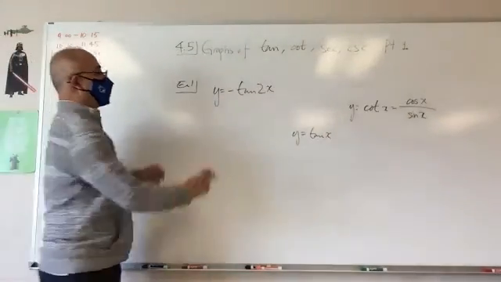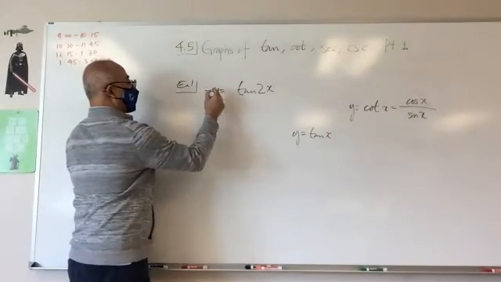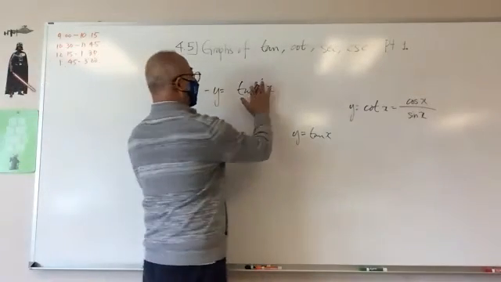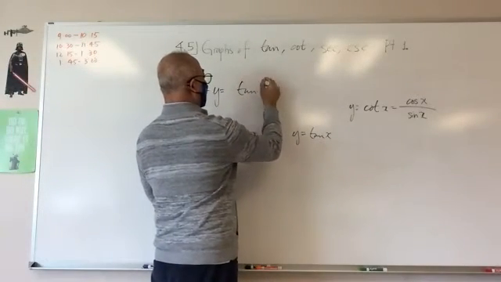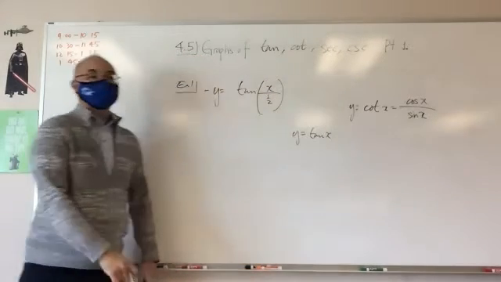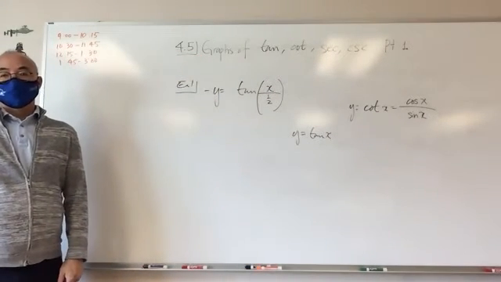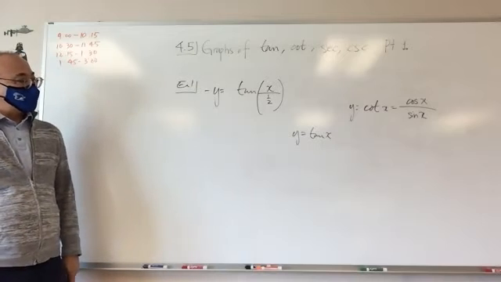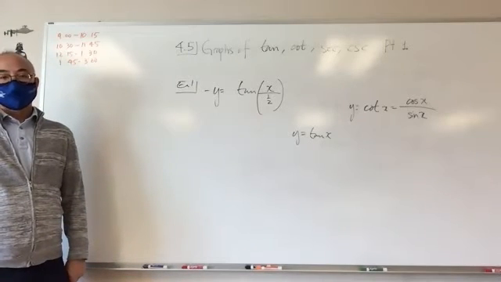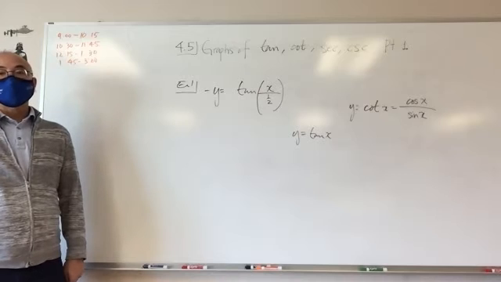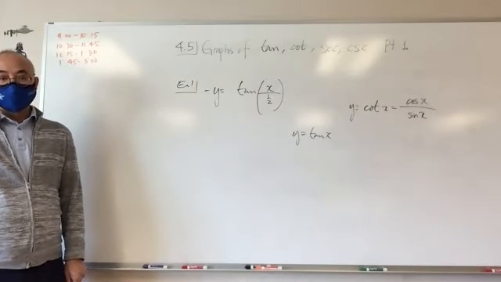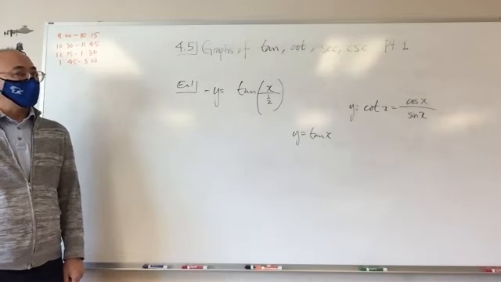So I will put the negative over here, and I'm going to put the 2 like that. Where x was, I'm putting 2x, which means it is a horizontal shrink of 1/2.